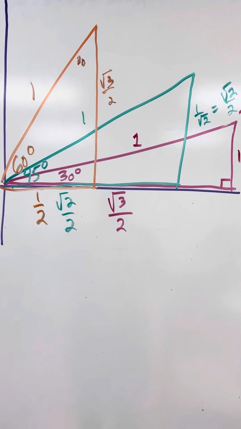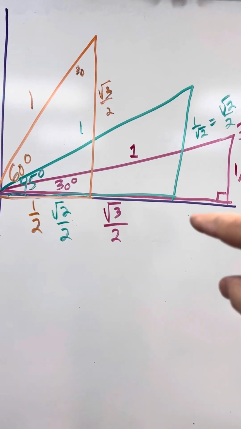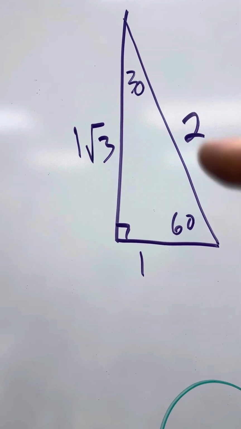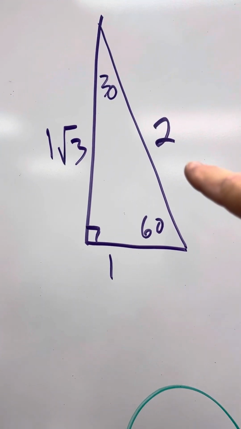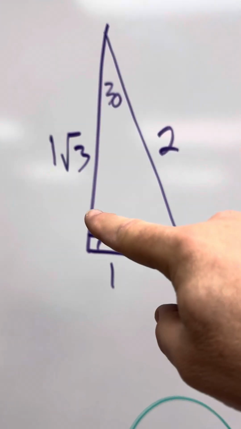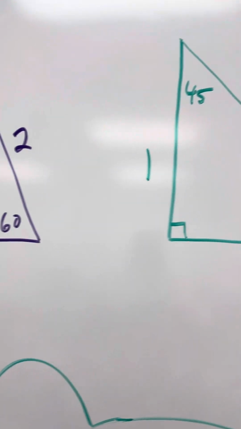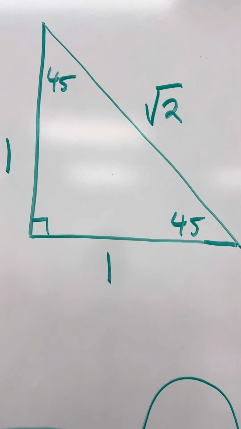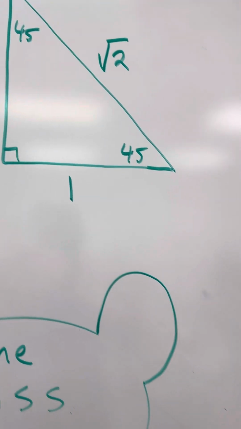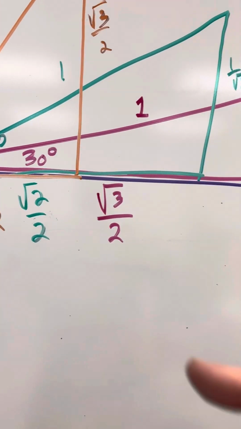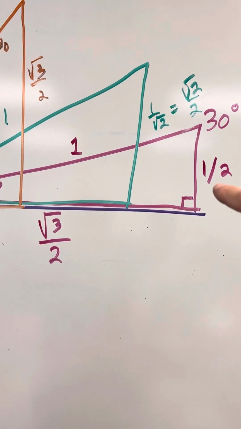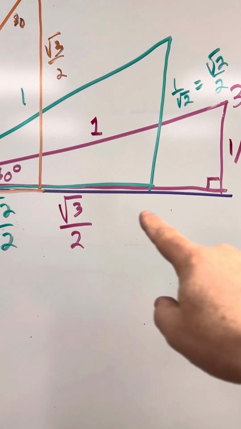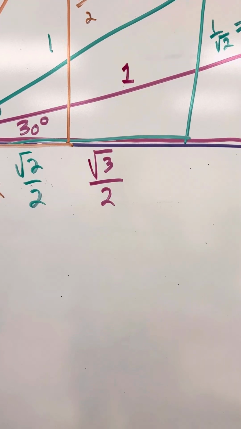So 30 degrees, if this is 1, remembering that in a 30, 60, 90, the hypotenuse is double, 2, and this is square root of 3. And then in a 45, 45, 90, if this side is 1, this side is 1, the hypotenuse is square root of 2. Okay? So if this is 1, then this little side is 1/2, and 1/2 times square root of 3 would be square root of 3 over 2.